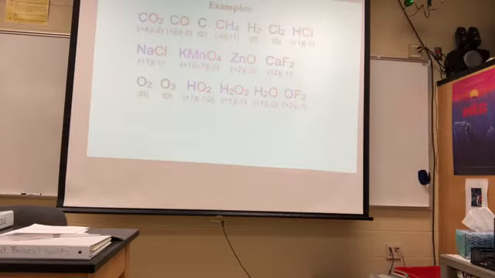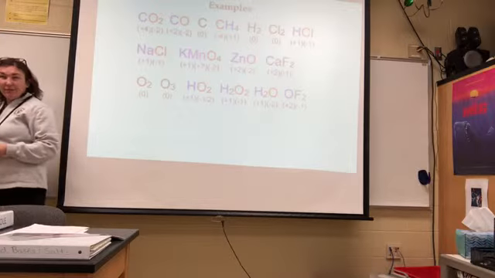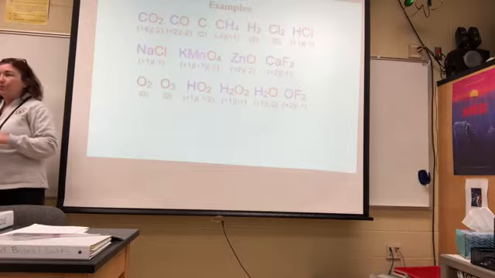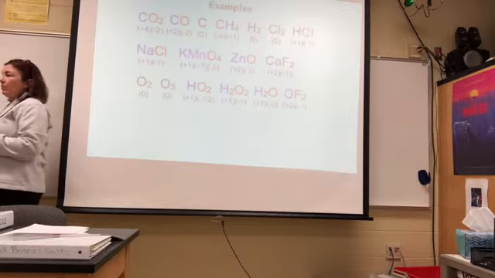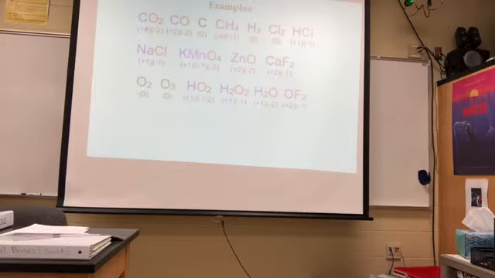There's a -2 charge on the whole thing. So if this is -8 and the total has to be -2, what does sulfur have to be? +6. So sulfur is a +6. Does that make sense? It's relatively easy if you just don't fight it. But if you do, it's going to be painful. We good? Okay. Let's practice some of these.